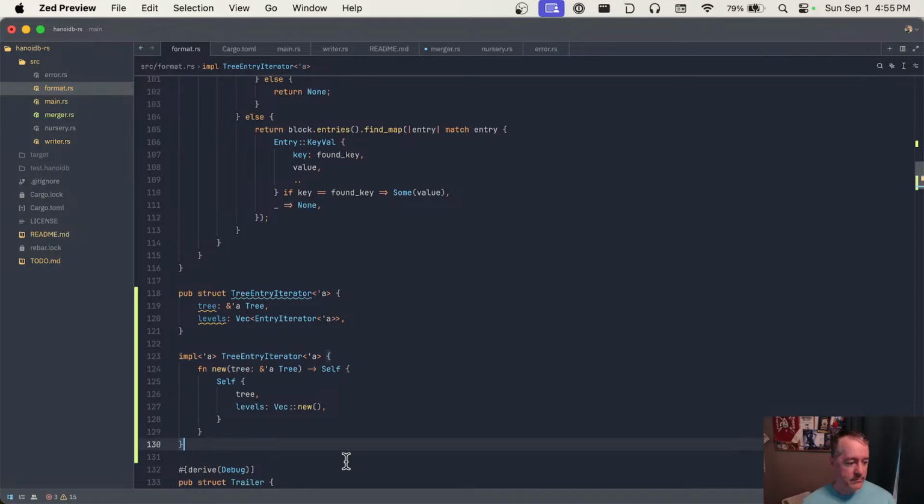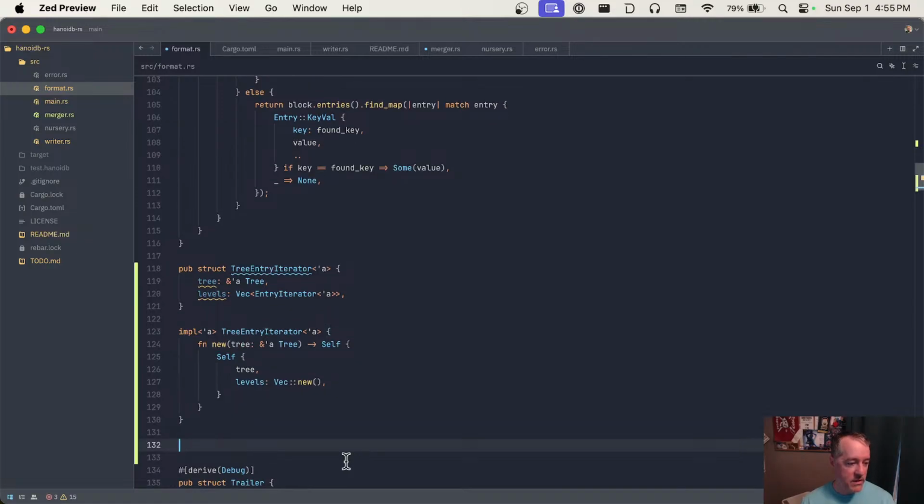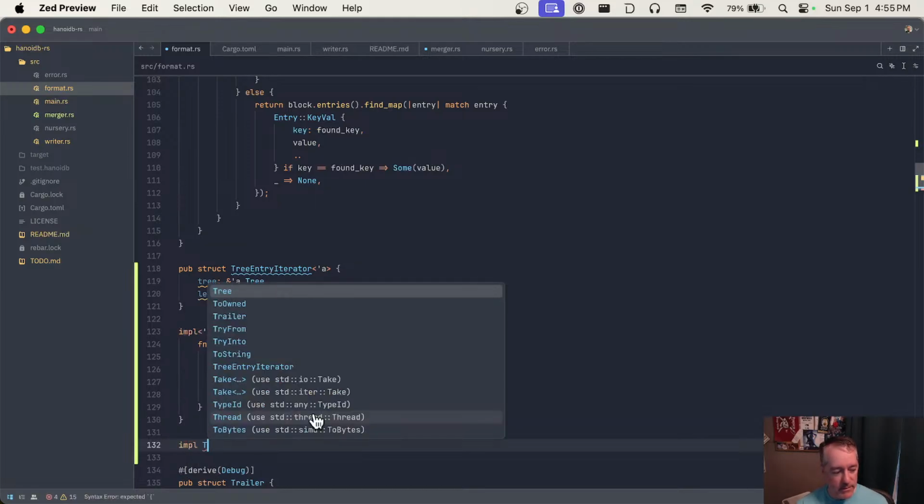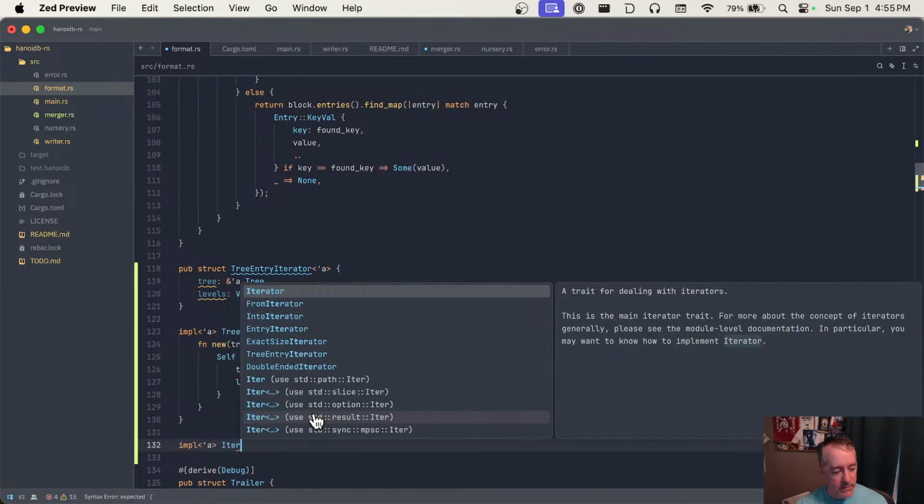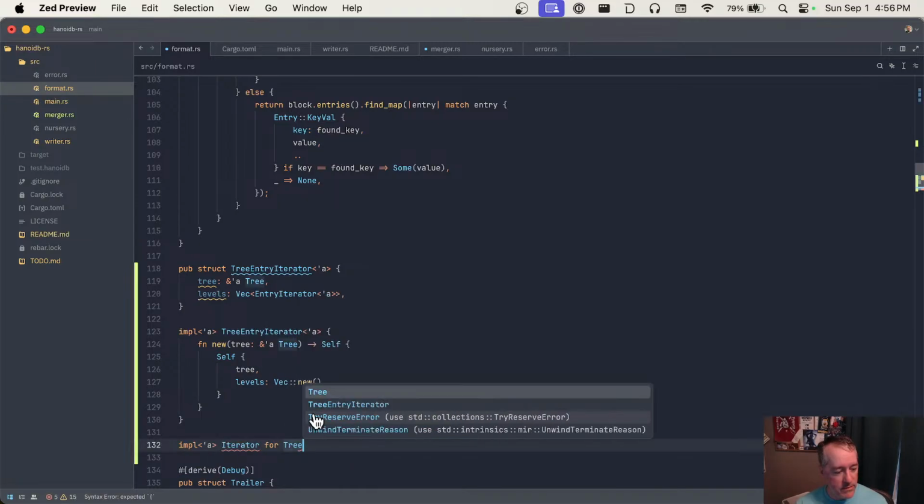So where it's going to get tricky is going to be, we have to impl Iterator, right? Iterator for tree entry iterator.